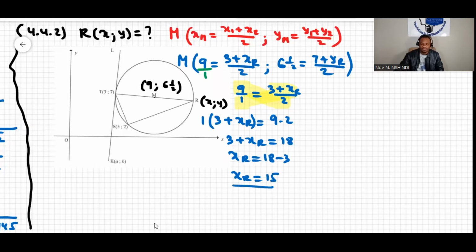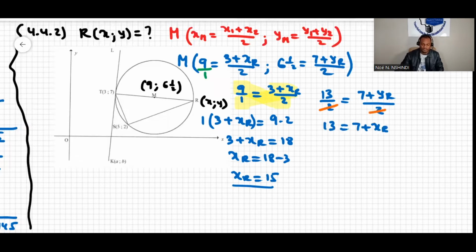Over there, 6.5 can be written as 13 over 2, and this is equal to 7 plus yr over 2. So how did I get 13 over 2? I did 2 times 6, 12, 12 plus 1, 13. I write 13 over 2. Now in this situation, we are allowed to just drop the denominator, and then we'll have 13 equal to 7 plus yr.